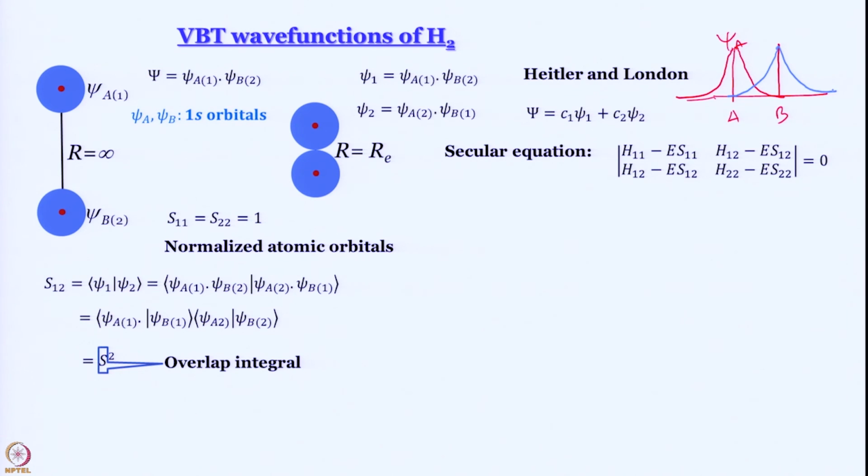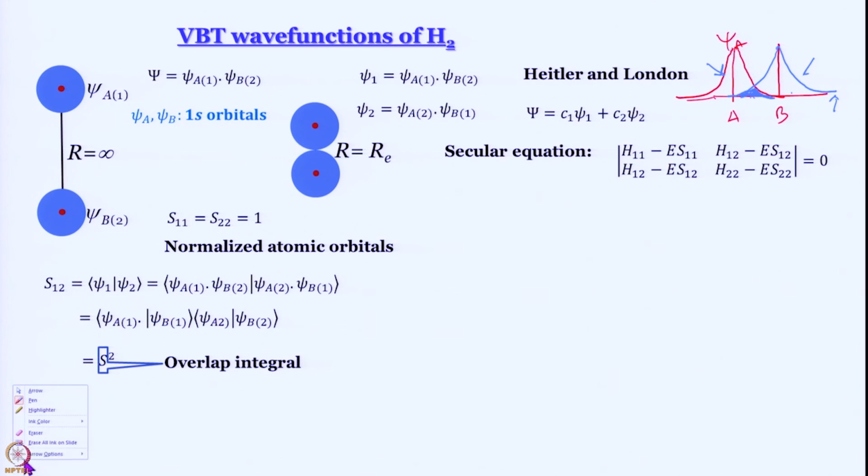Now think what is the value of this integral. The value of the integral at this point is of course 0 because it is a product of this wave function and this wave function. Here also it is practically 0. The only region in which this integral has non-zero values is this, the region in which both psi A and psi B have reasonably non-zero values.